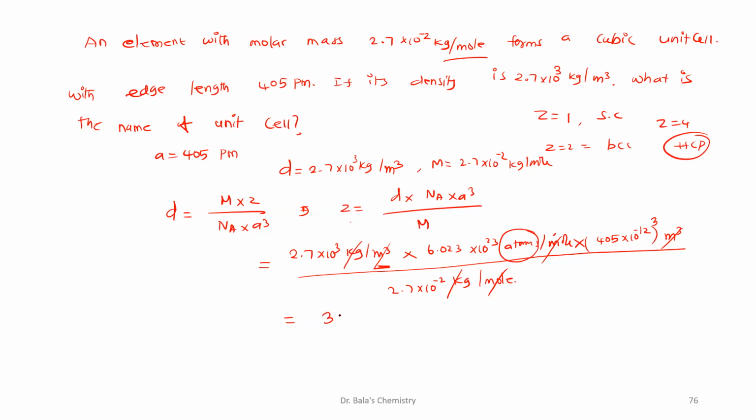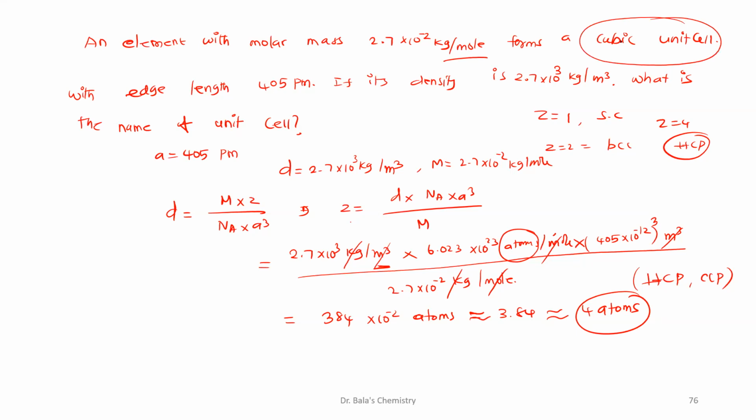To solve this, you will get 3.84 atoms, which is approximately equal to 4 atoms. If the number of atoms is 4, it may be either HCP or CCP. So this way we can calculate the number of atoms and find out the nature of the cubic unit, whether it is HCP or CCP.